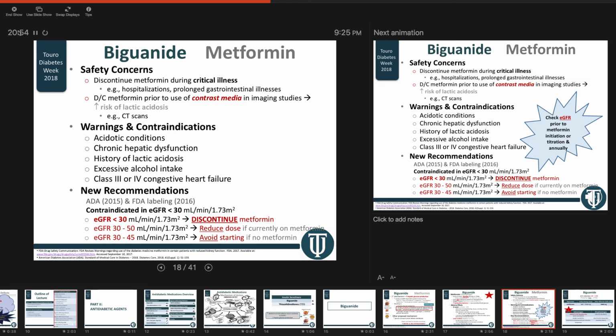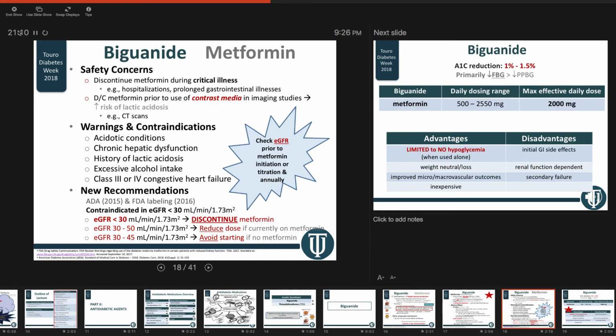If the patient is already on metformin, then we will need to reduce the dose. If the patient has never been on metformin, then when their renal function gets this low, we will not want to start metformin. Again, the key thing here is we need to check eGFR before metformin initiation or titration.